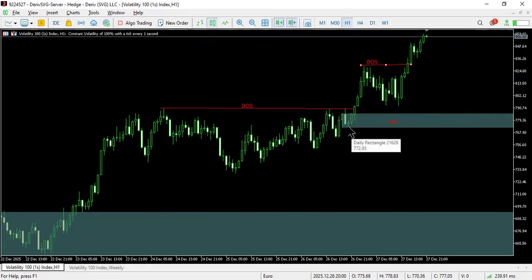If this order block down here is not mitigated, then whatever point of interest price creates here is just inducement liquidity that price has to clear to come and tap us into this order block. So that is where I'm going to be waiting for price, at that order block.